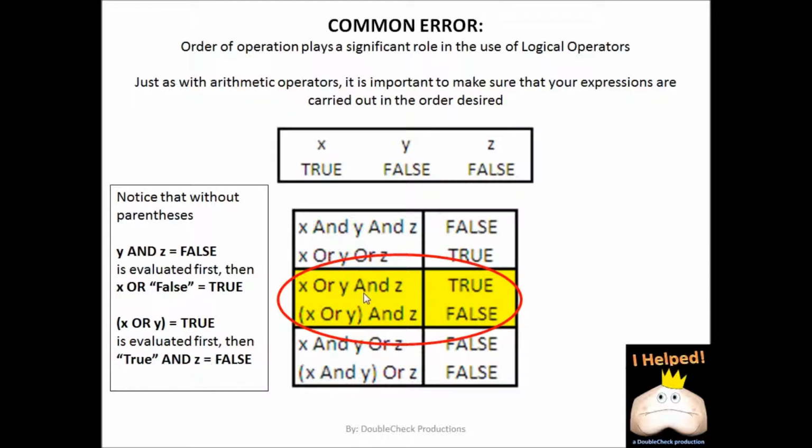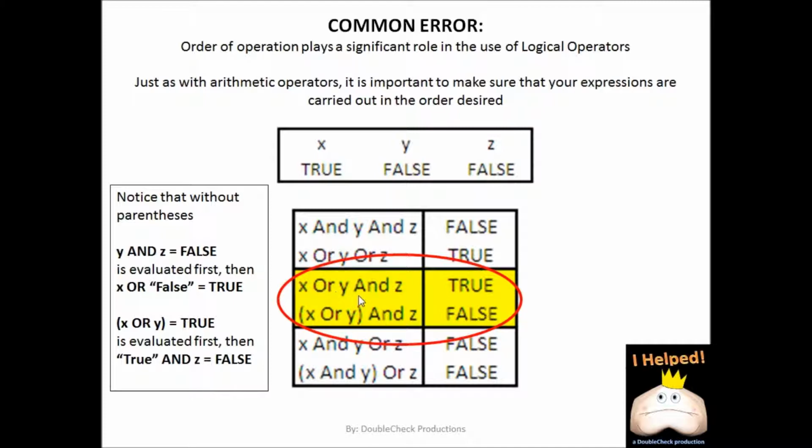Then the result of that is combined with an or statement in x. So we have y and z equals false, that's evaluated first. Then x, which is true, true or false. That comes out to be true because we have at least one condition that is true.